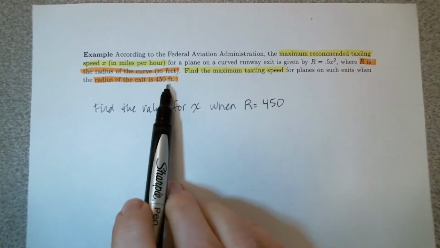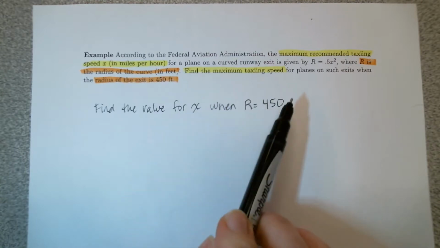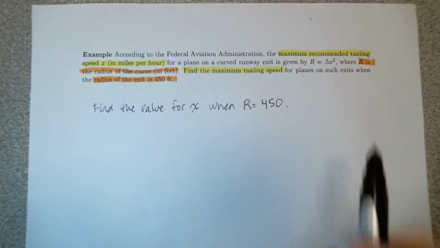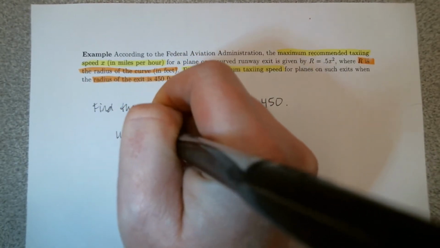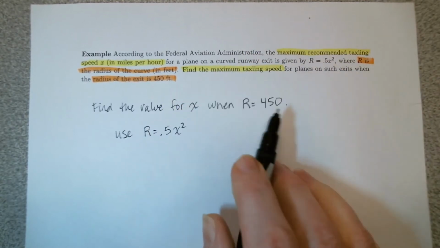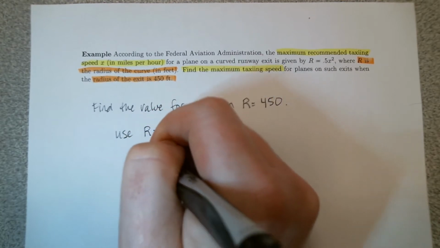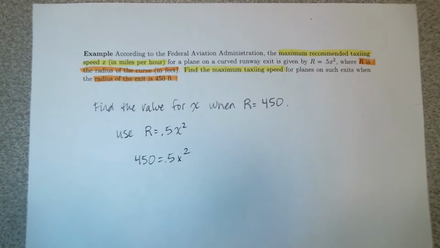And notice they gave us 450 feet, and capital R is supposed to be in feet, so R is 450. We're going to use this equation right here: R equals 0.5 x squared, and I know that R should be 450 in this example. So I want to solve for x.